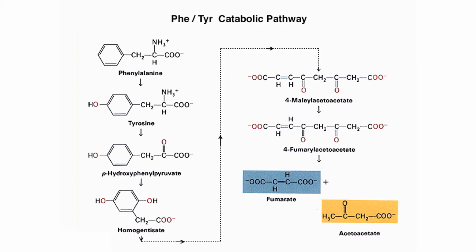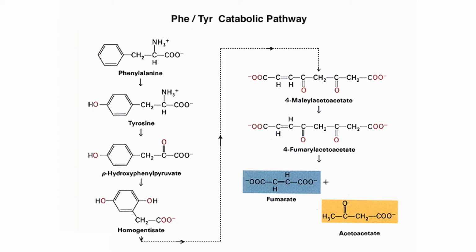They can yield acetyl-CoA or some related intermediate that can't be converted to glucose, versus being glucogenic. These types of molecules yield pyruvate, oxaloacetate, alpha ketoglutarate, or some intermediate that can be converted to glucose.